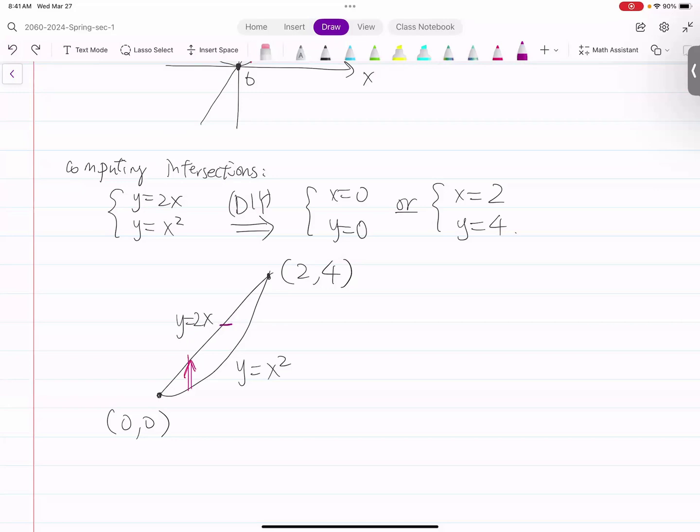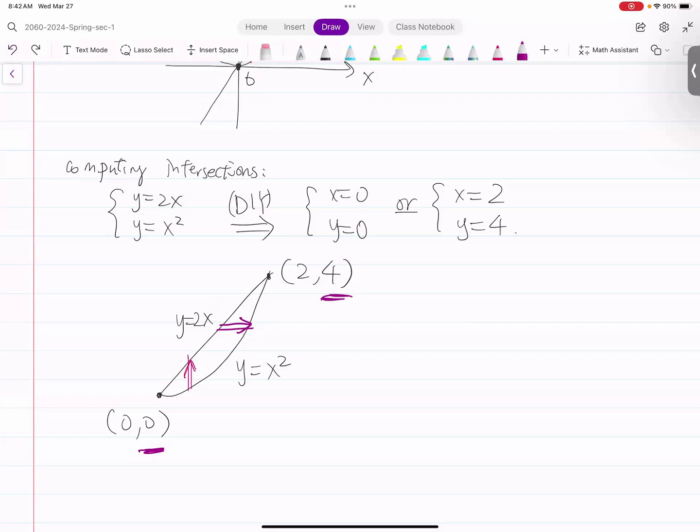If you use horizontal bars, then my y value starts from 0 to 4, right? But then you need to solve for the x value. So you need the lower bound x value, which starts from the line. The upper bound x value ends at the parabola. But then they are all in terms of the y that you specify.